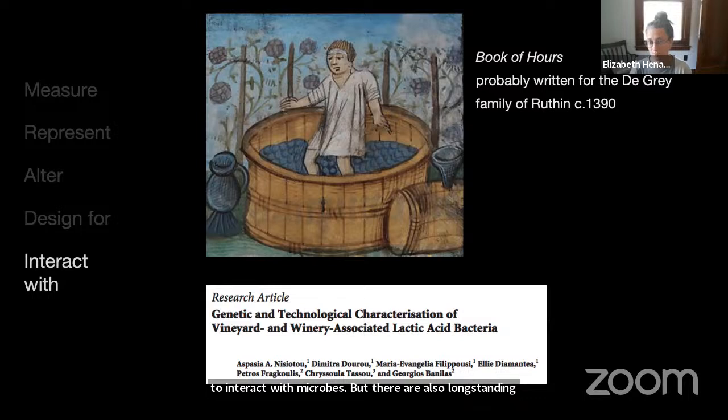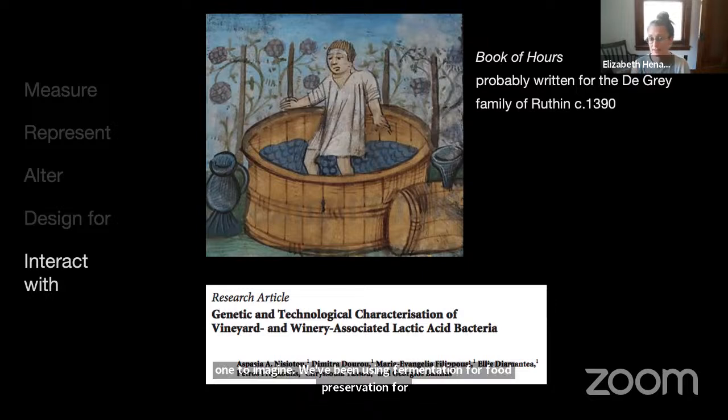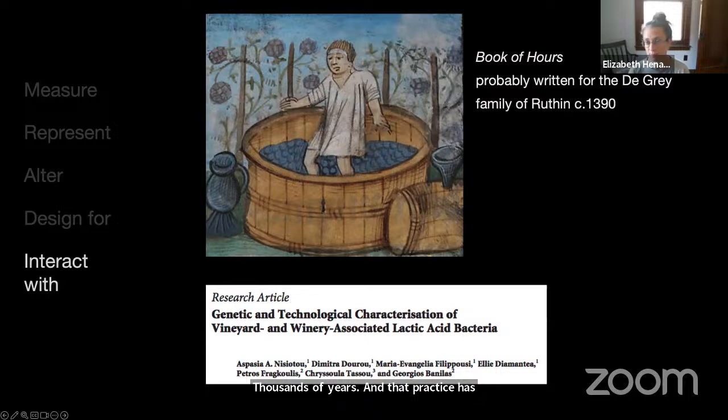mediate those relationships. For example, fermentation is an easy one to imagine. We've been using fermentation for food preservation for thousands of years, and that practice has evolved in pretty much any place in the world that you can study. This is an image from a book that was imagined to be published in the 1300s.